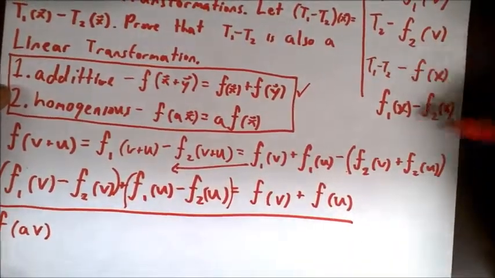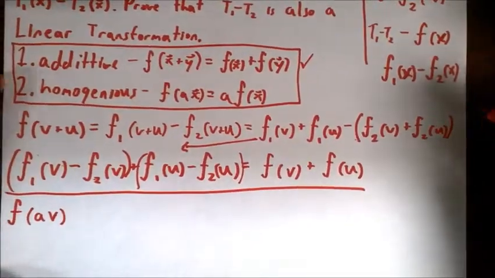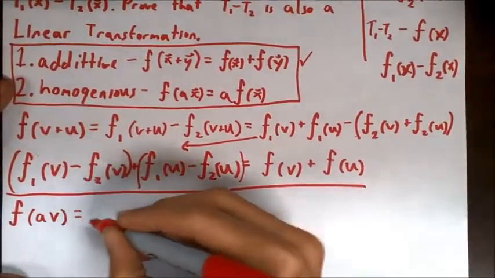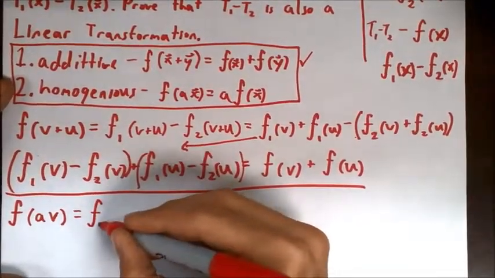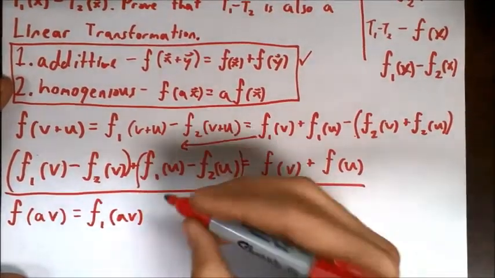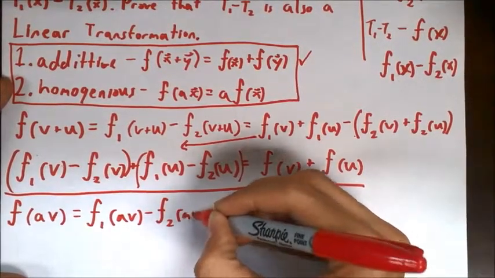Because of the definition up here, we know that f of av is the same as f1 of av minus f2 of av.